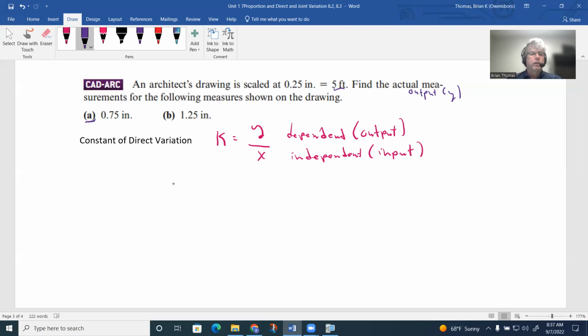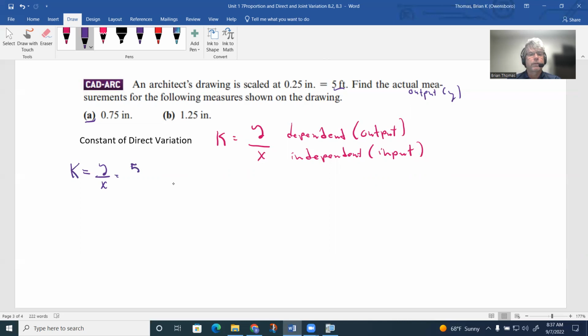So what we're picking up on, as far as using the constant of variation, is k is going to equal y over x, where these are the two relationships we know. It's the 0.25 inches and the 5 feet. Notice the 5 feet is the part that we know.